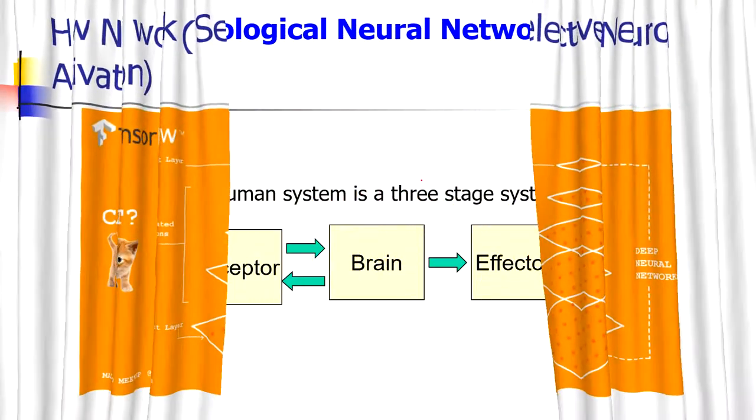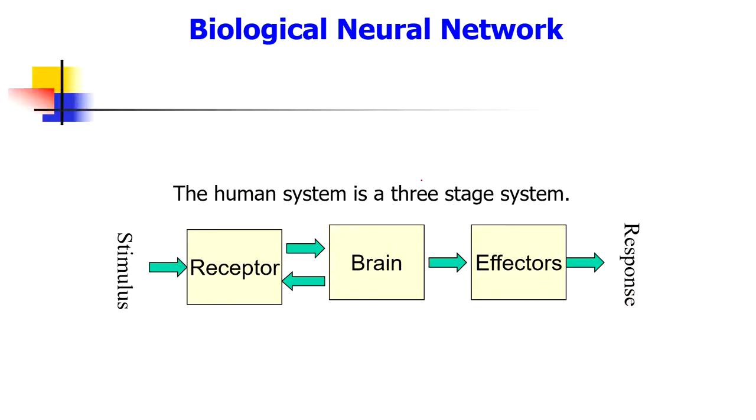Now let's go back to our first three main topics: the biological neural networks, then the artificial neuron, and then the artificial neural networks. Basically, for the first part, the biological neural networks, the human brain comprises three main systems. The first one is the receptor. Receptors are our senses, based on the eyes, the ears, the tongue which tastes everything.